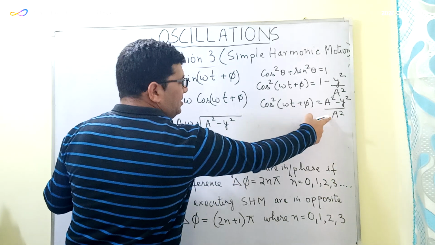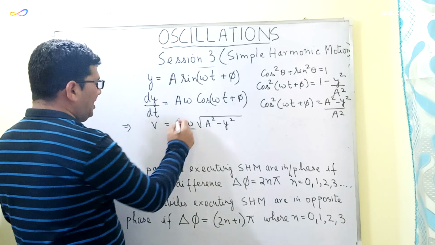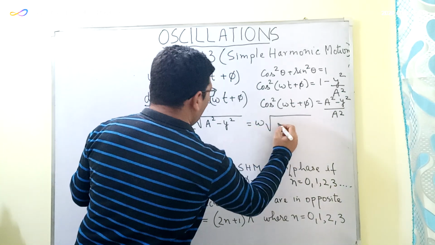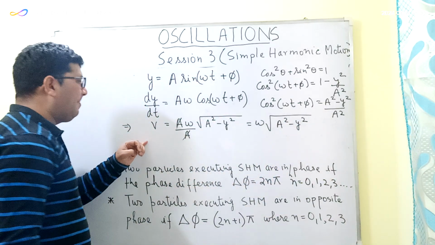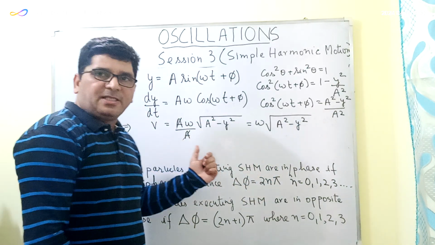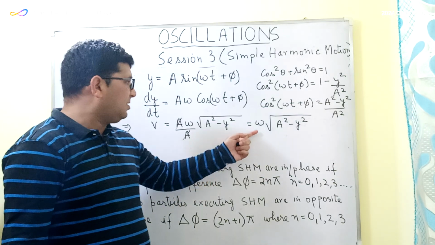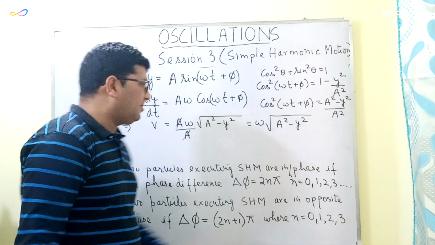Because in this denominator we have got a square, the under root of a square will be equal to a, and this a and a will get cancelled out. I will be getting the equation as omega under root a square minus y square. So this is the velocity of the particle at any moment of time which is executing the simple harmonic motion, and this is equal to omega under root a square minus y square.